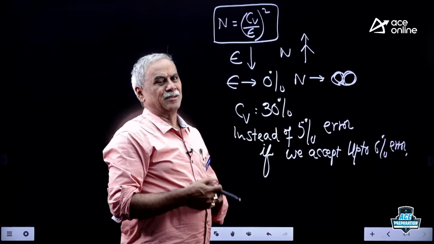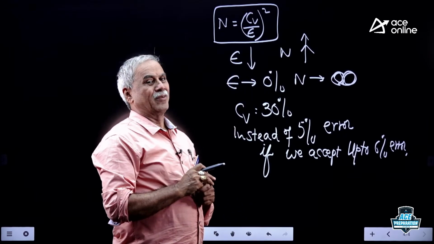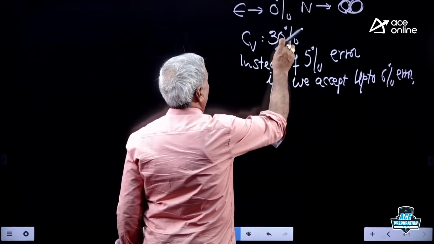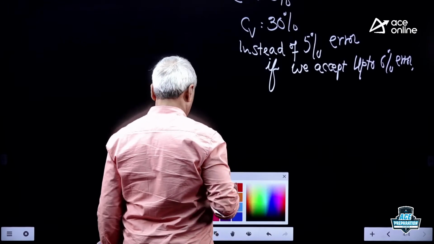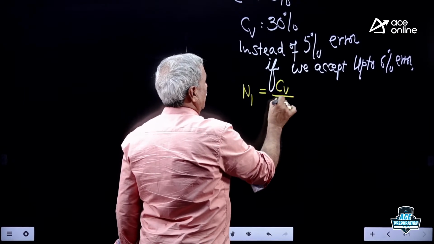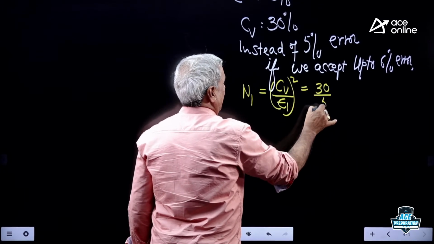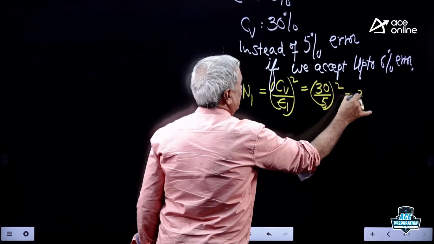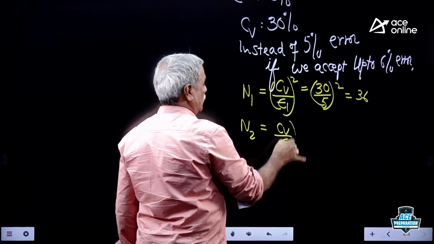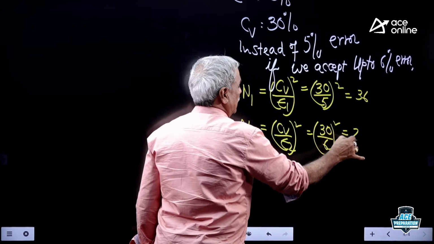Such types of questions are commonly asked. Simple formula, N is equal to CV by epsilon whole square. You are able to calculate N1 equals CV by epsilon 1 whole square. With the initial acceptable error, you will get 36. N2 equals CV by epsilon 2 whole square, 30 by 6 whole square, you will get 25.